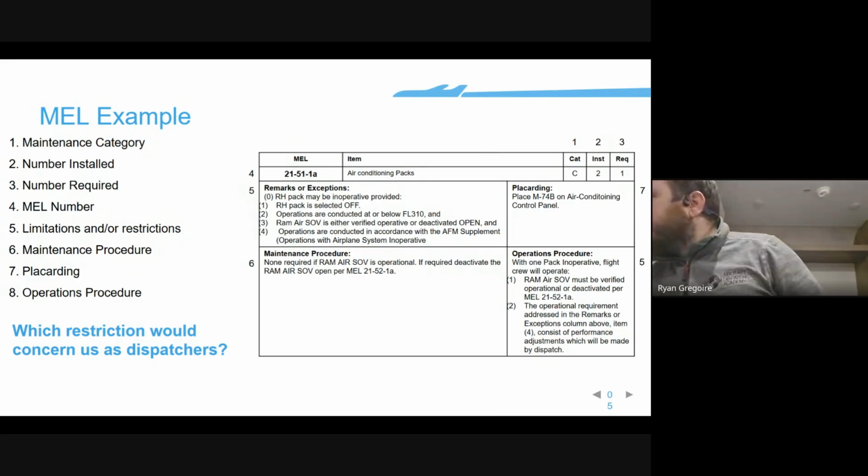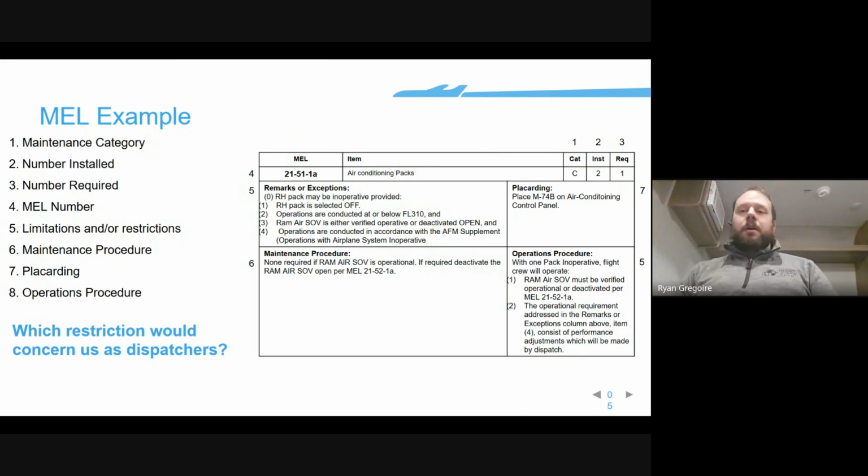This one does not include a related placard, so there may not be one for this, but a lot of times there'll also be a placard on the flight deck. Okay, thanks. It'll also be included in the aircraft maintenance log, which they have to sign off and review before each flight.